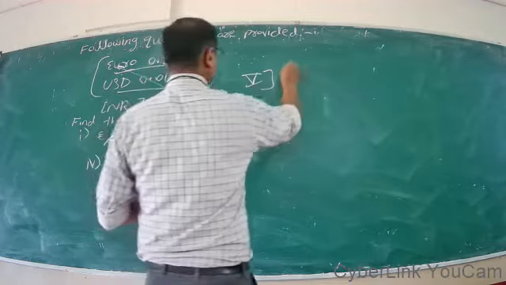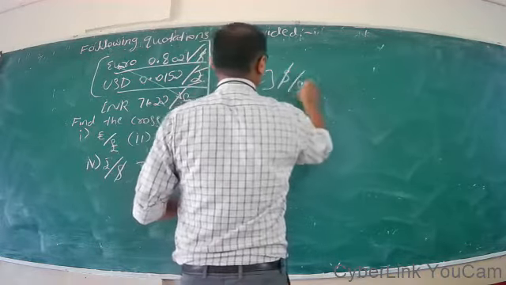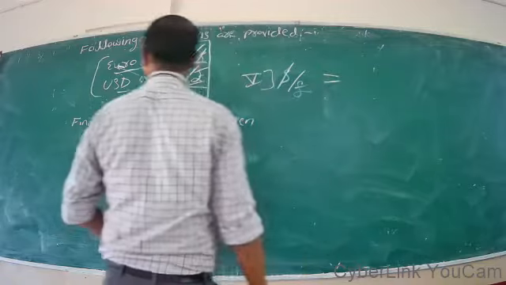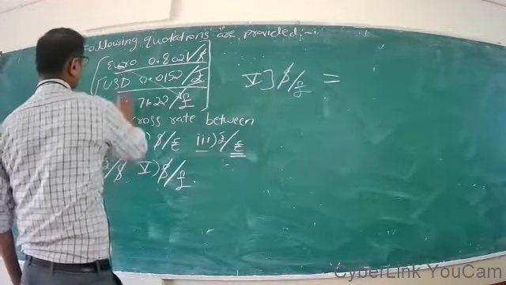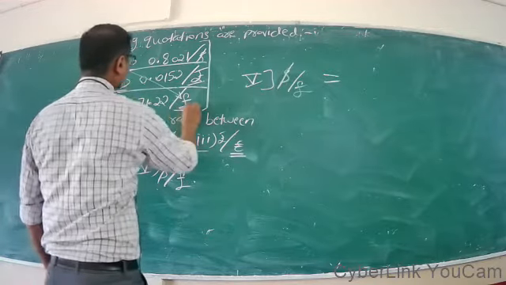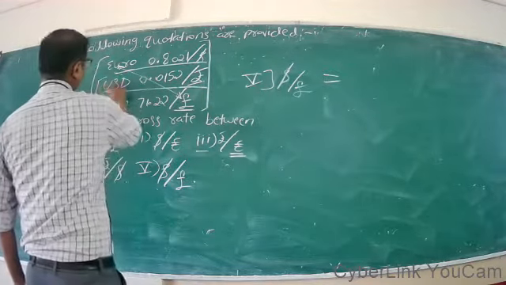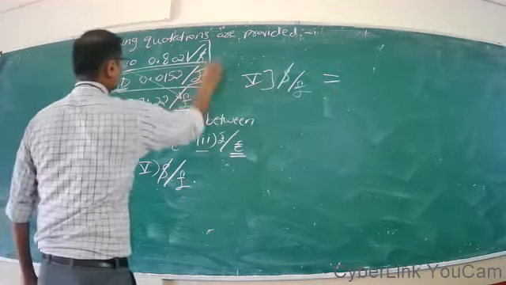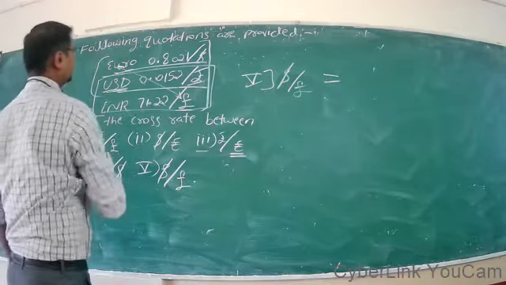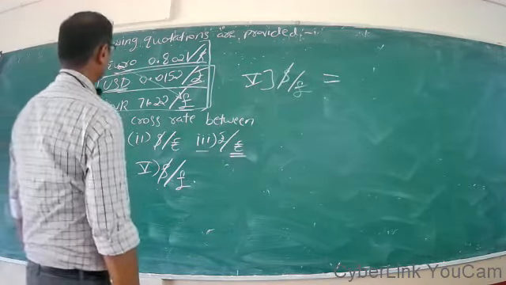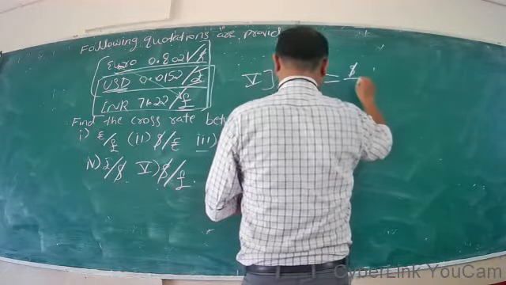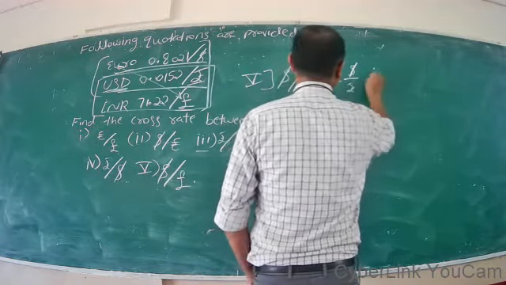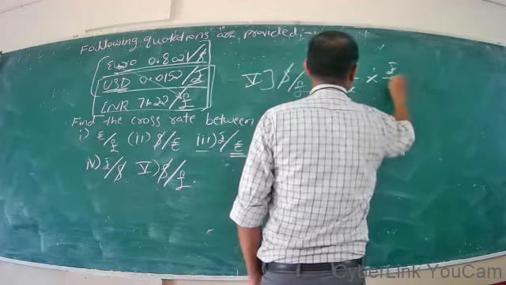The fifth question they are asking is dollar per sterling pound, right? Now dollar is given and sterling pound is given, so we need to consider these two quotations. USD equals dollar per rupee into rupee per sterling pound.